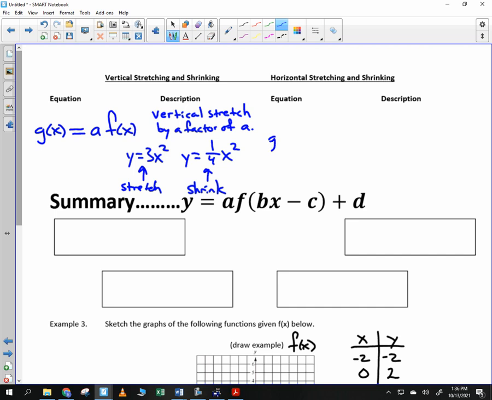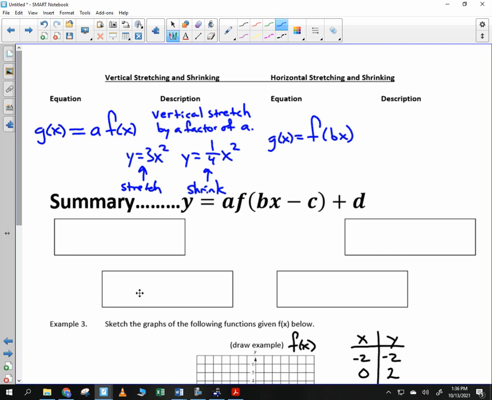Suppose we have g of x is equal to f of b times x. Is the b on the inside or outside? It's on the inside, so that's going to affect it horizontally.